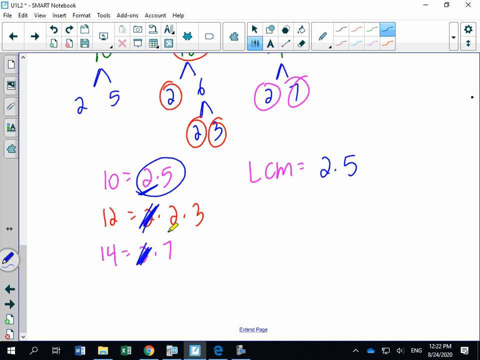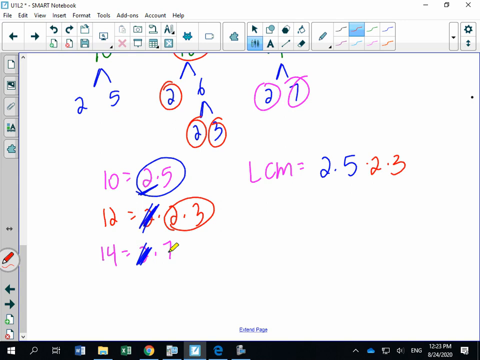So once you're done your canceling, you take your remaining factors from your next number. So my remaining factors are a 2 and a 3. Now, I first say to myself, okay, can I cancel from below it? Do I have a 2 that I could cancel out? Nope. Do I have a 3?